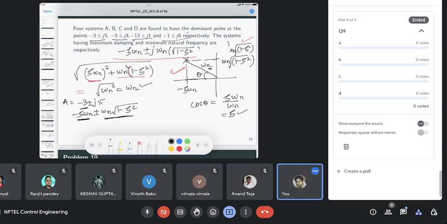So for this system, omega n will be whatever this value is, square root of 3 square plus 5 square. Okay, 5 point something, coming 5.83. Is it clear?